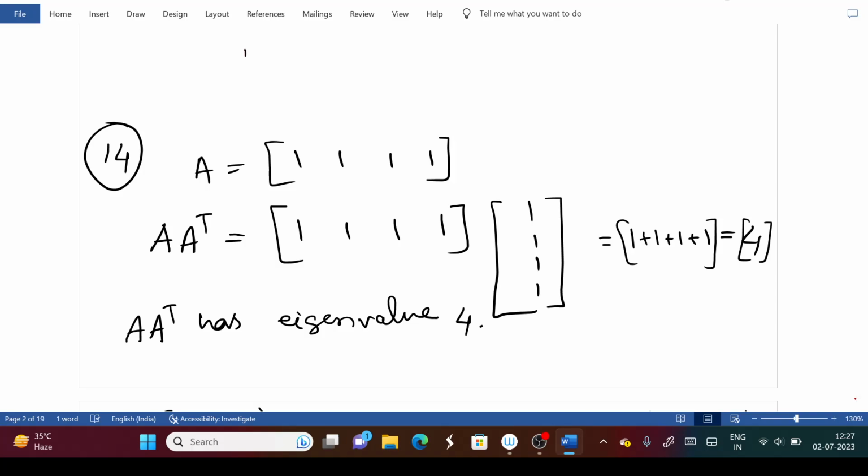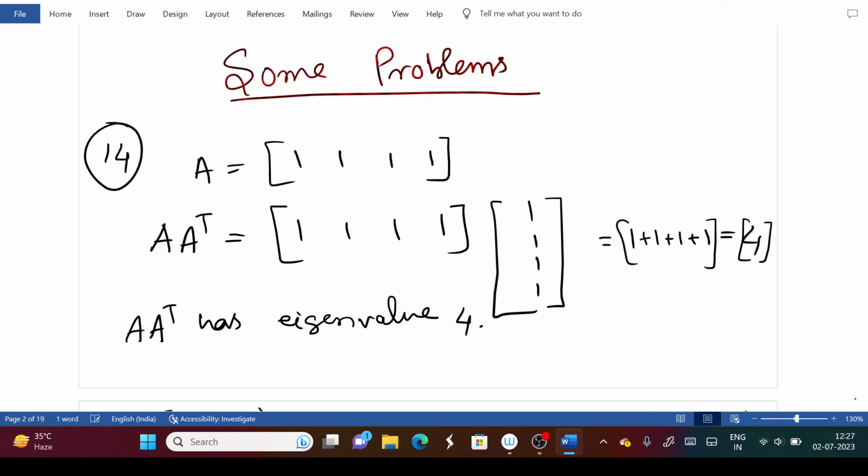Now some problems from the book. How to do?